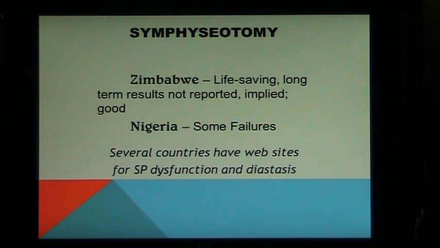So, there are some articles. There's a study that shows that in Zimbabwe, it's a very important life-saving maneuver in which they actually cut the symphysis pubis during childbirth, called a symphysotomy. Otomy means cutting. And they imply that there's no long-standing dysfunction associated with this, but they do not track the statistics.